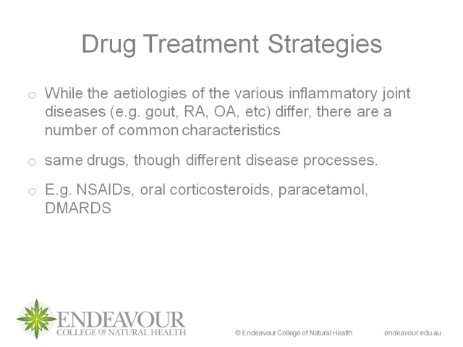So the same drug will be used even though there are many different diseases. So non-steroidal anti-inflammatories could be used to treat all of those above joint conditions. Oral corticosteroids could be involved. We'll also look at paracetamol and the DMARDs, if you can remember, that's disease-modifying anti-rheumatic drugs.